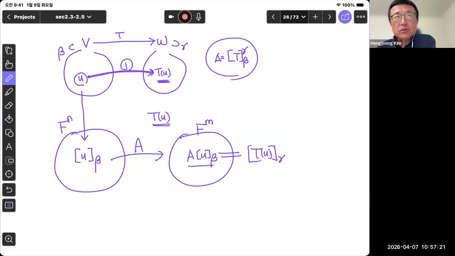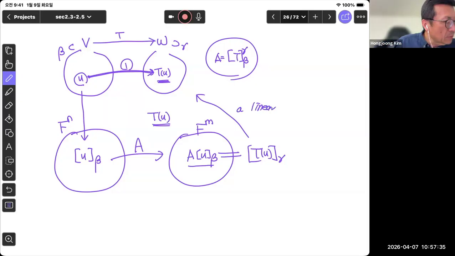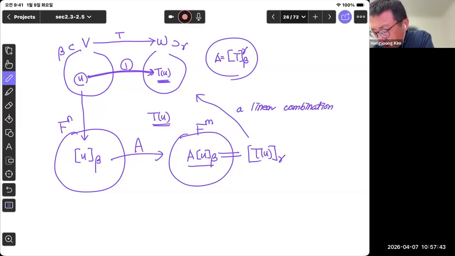Then how can I reconstruct this T of U from here to this? You can consider a linear combination of the vectors in gamma using these numbers as coefficients.